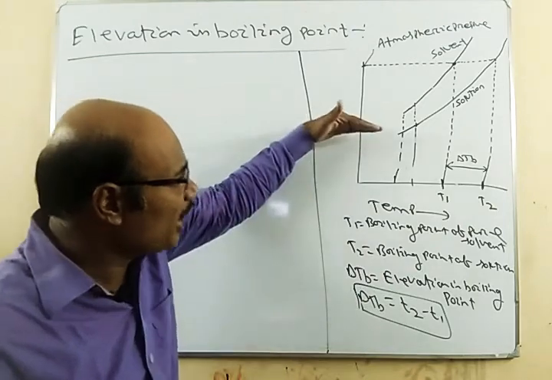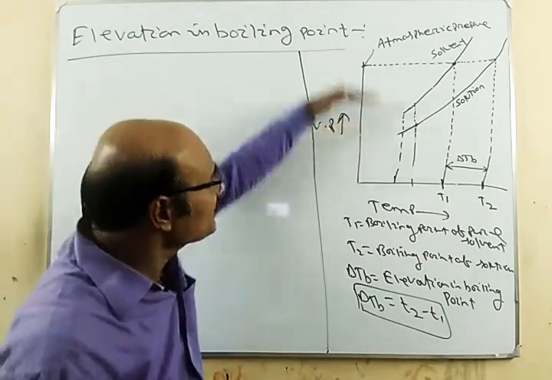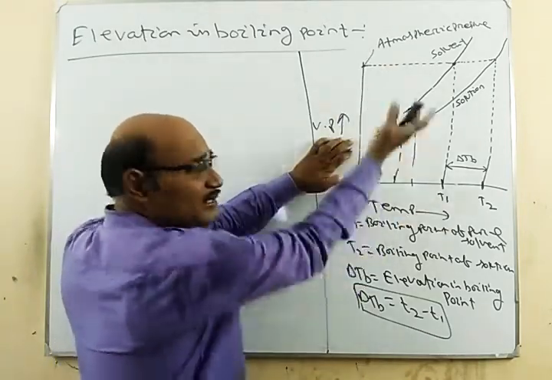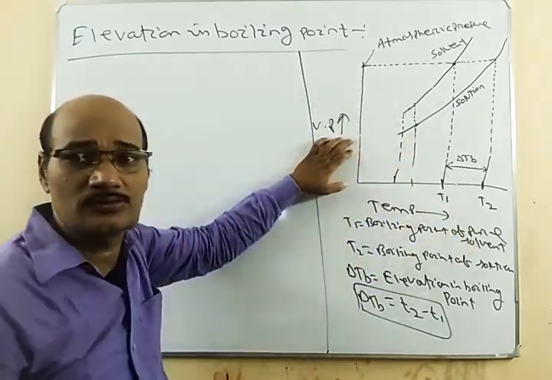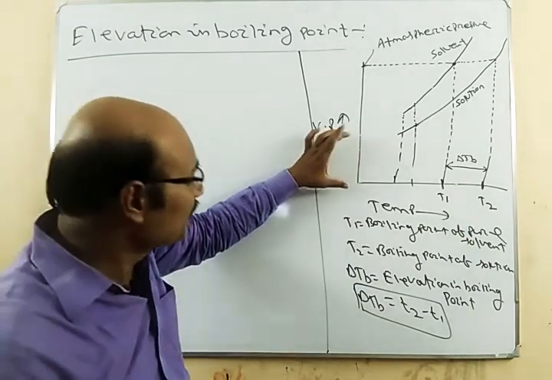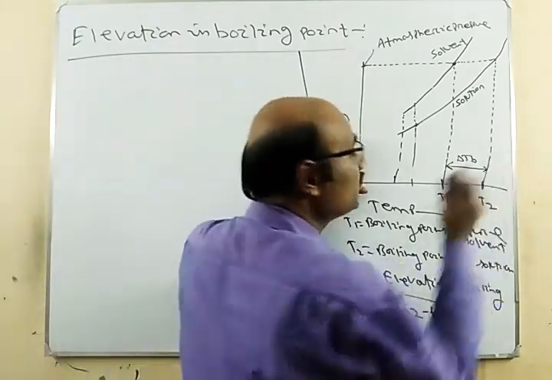If we have a low vapor pressure, we have to increase it to make it equal to this pressure by giving more and more temperature. So if we have less vapor pressure, then the boiling point will be more.